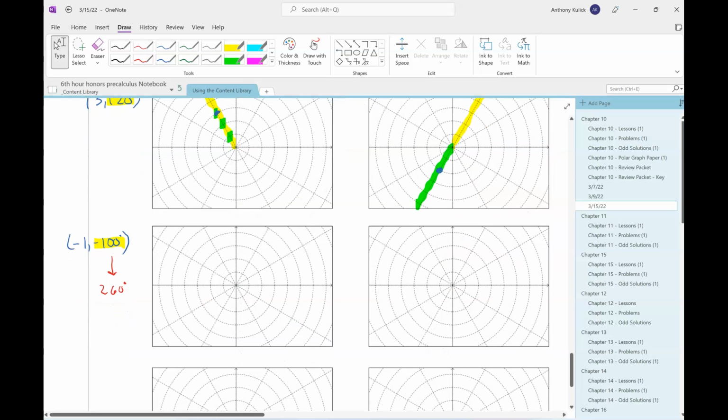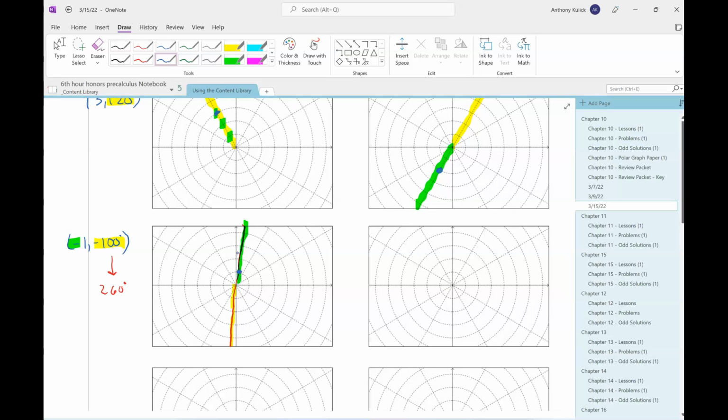I'd rather just worry about stuff between 0 and 360. So 260 is right about there-ish, probably? Now, because it's negative, what do we have to do? We have to flip it across. And then we're just taking the first point. Is that cool with you guys?